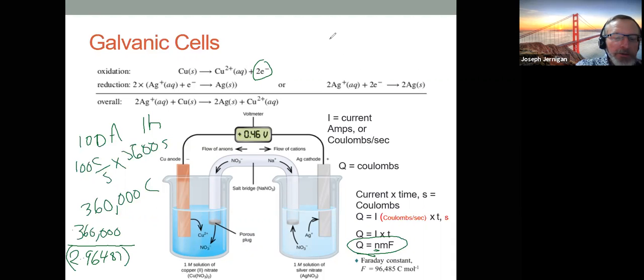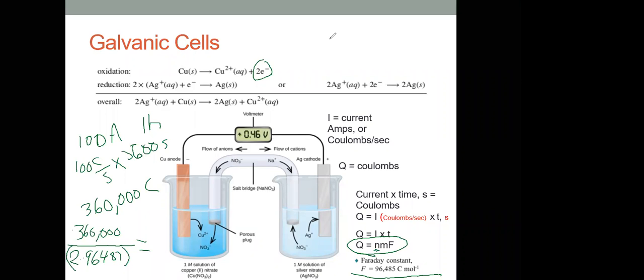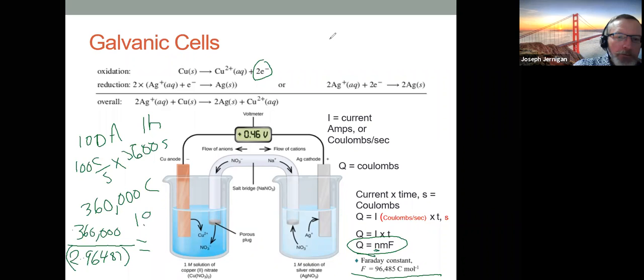Coulombs per mole is the Faraday, right? So with coulombs on top, can someone calculate that for me? 360,000 divided by the quantity of 2 times 96,487. It was like 1.866. So let's just say 1.9.